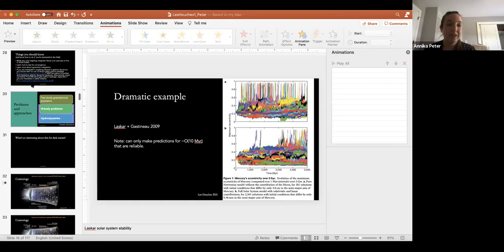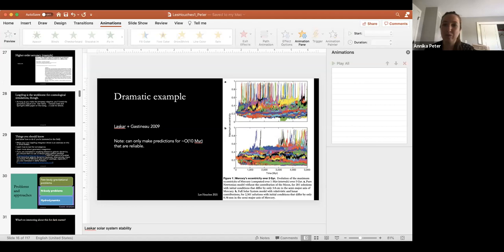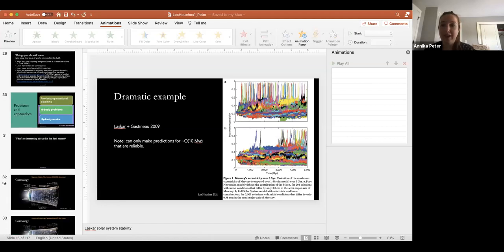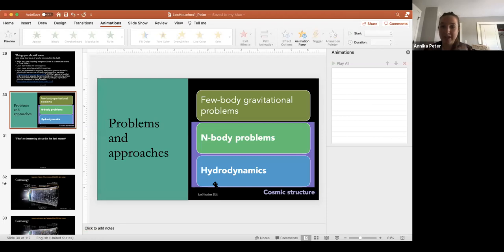Okay, so that's what I wanted to emphasize from this few body set of lectures. Now I want to reorient ourselves to the problem at hand today, which is simulating cosmic structure when you have both a collisionless or nearly collisionless component like dark matter, and a highly collisional component like astrophysical gases.